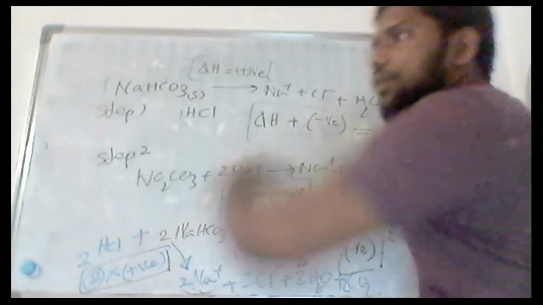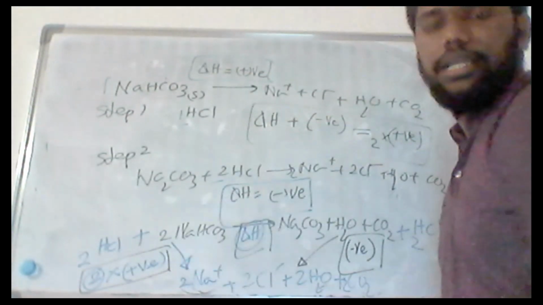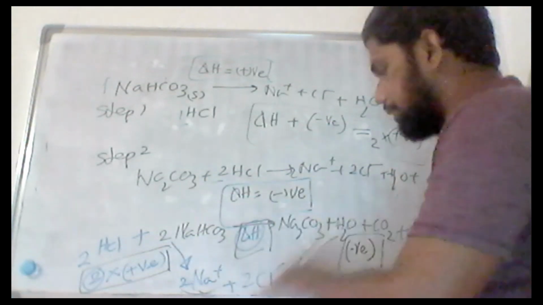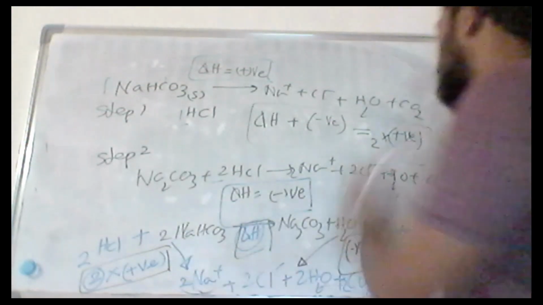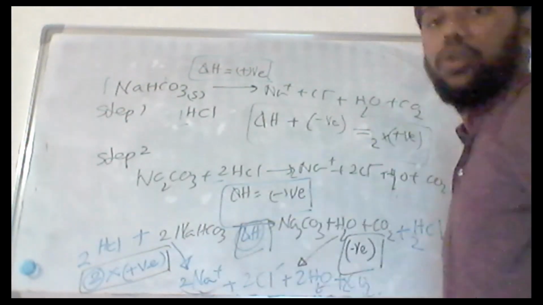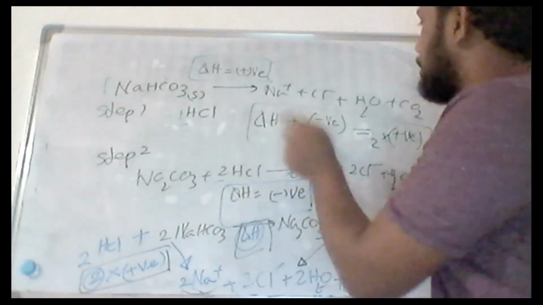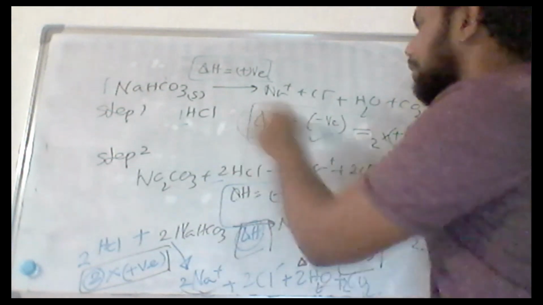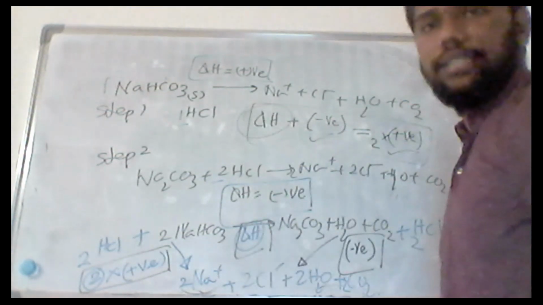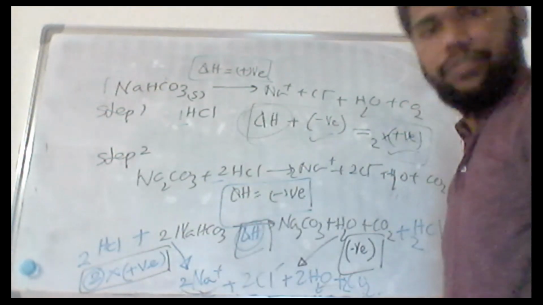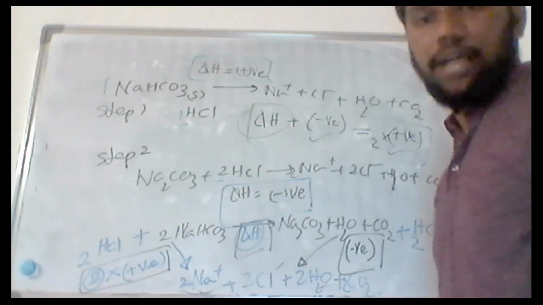Clockwise arrows equal anti-clockwise arrows. That is Hess's law. So this is clockwise, this is clockwise, this is anti-clockwise. So the anti-clockwise is equal to 2 clockwise processes, right? So you know this one, you know this one, and you can only find this delta H. Okay. So that is what they have asked in the question.